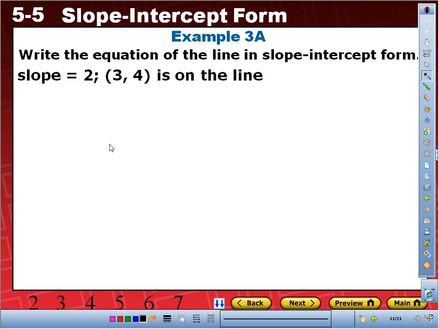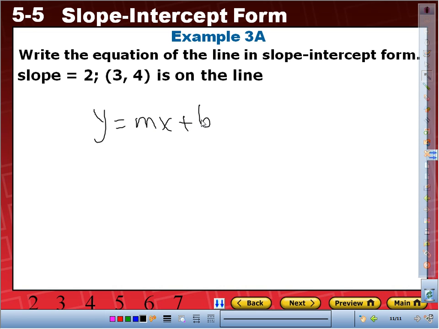So notice that this one, they do not give us a y-intercept, do they? No, they don't. However, they do give us a slope. So therefore, we still need to start with our slope-intercept form. So I write y equals mx plus b. I have my first piece of information, which is my slope.